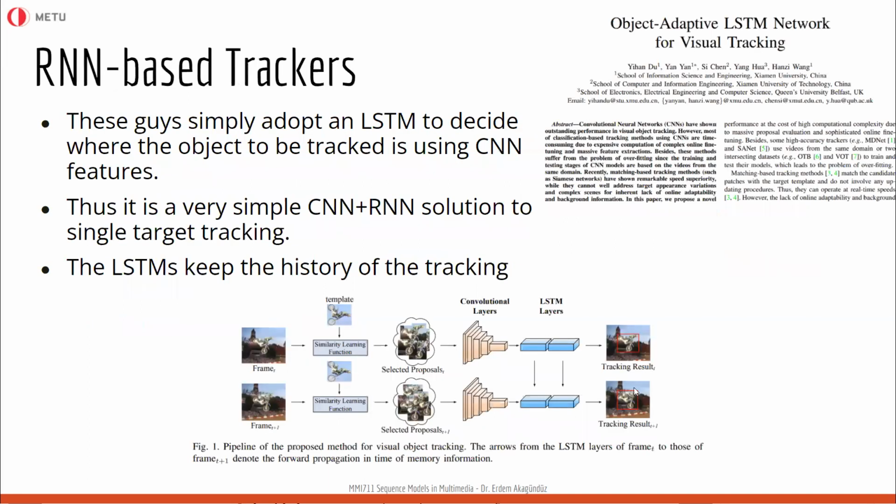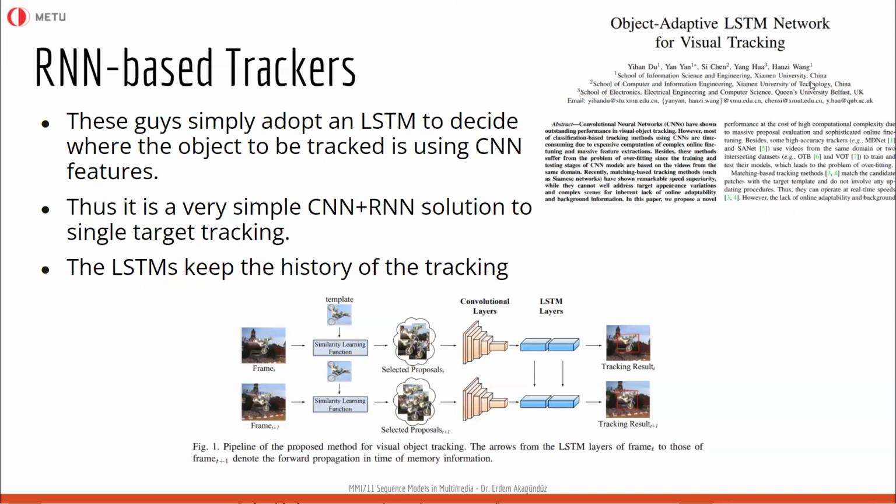Let's see. I'll start with a very simple approach. Maybe the first approach that would come to everybody's mind: using an LSTM, CNN plus LSTM. However, a sophisticated version of this idea.